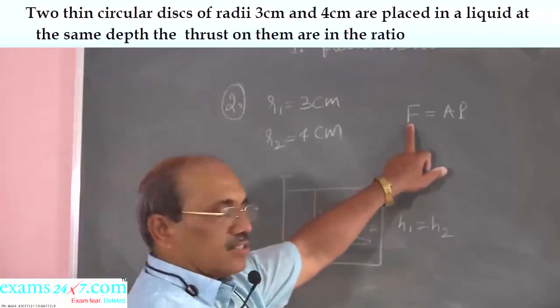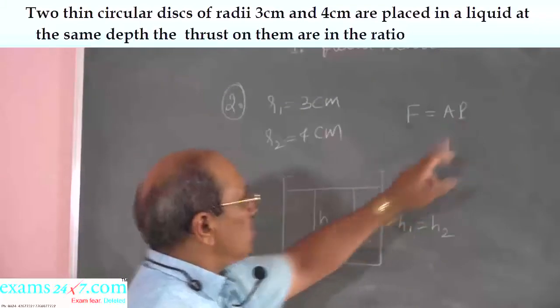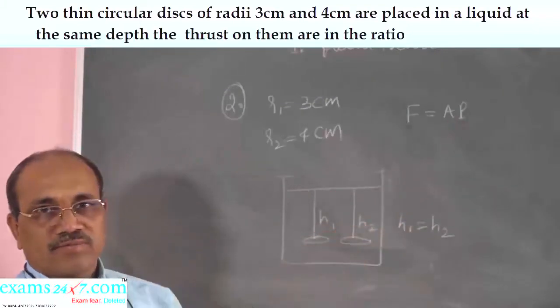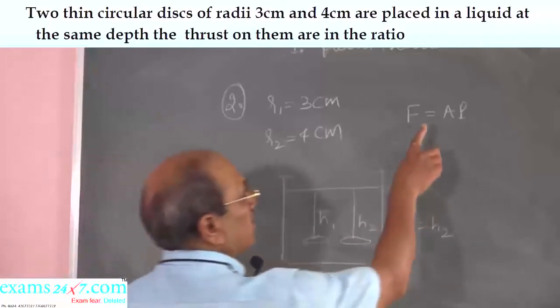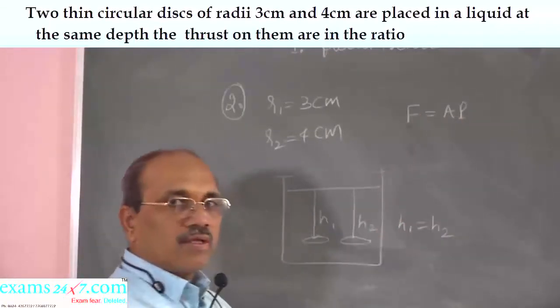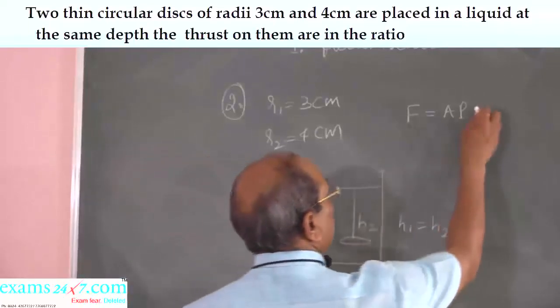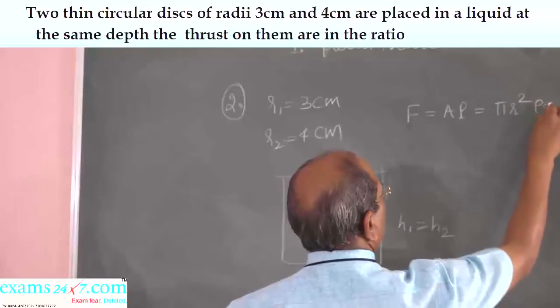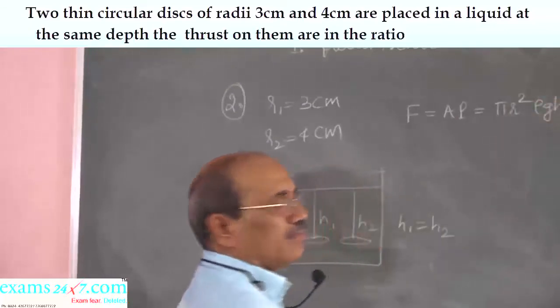Because they are asking the thrust. Why did I take pressure? Because they are at the same depth, so the pressure idea helps us. So I take pressure equal to force by area, force equal to A into P. And for circular discs, area can be written as pi r square, pressure can be written as rho gh.